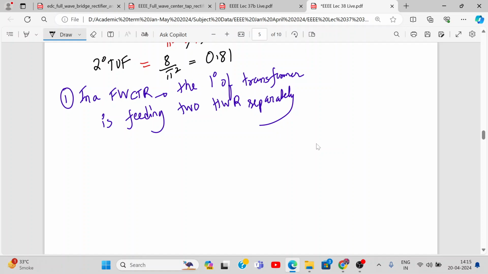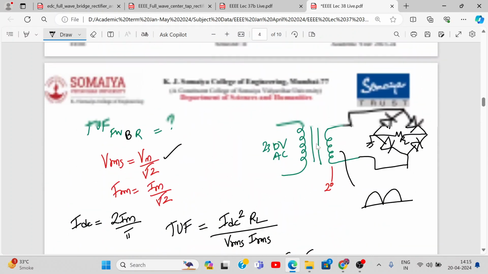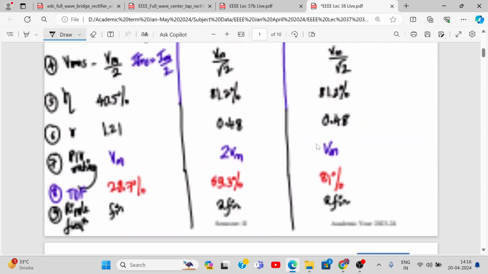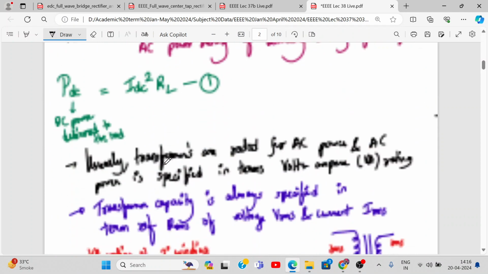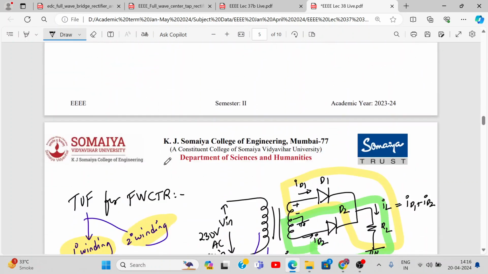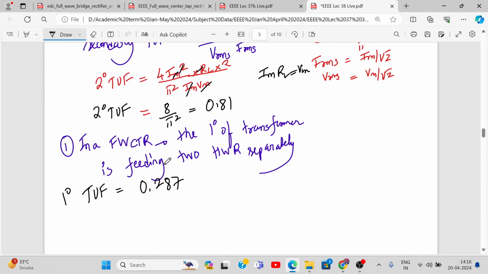Yes or no? And for the half wave rectifier we have already derived a TUF rating. So what is TUF for a half wave circuit? It is given by 0.287. Yes or no? We have derived it for half wave. So secondary TUF is 0.287, and now there are two halves, right?